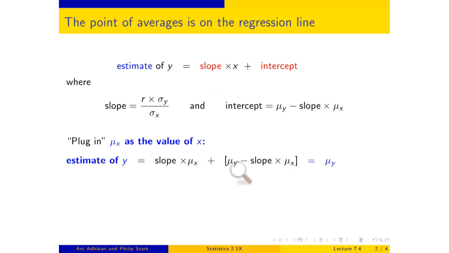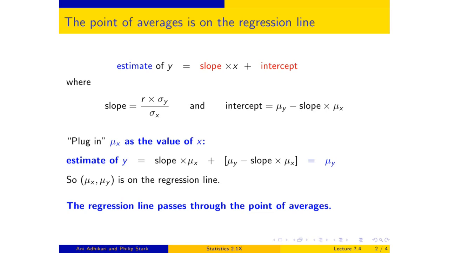So I'm just putting it down there, and now I step back and I look at it and I'm saying, slope times the mean of x minus slope times the mean of x. Well, that goes away, and all you are left with is the mean of y. So we started out with this as a natural idea that the point of averages should be on the regression line, and here the algebra has established that as well. The point of averages is on the regression line, or in other words, the regression line passes through the point of averages.